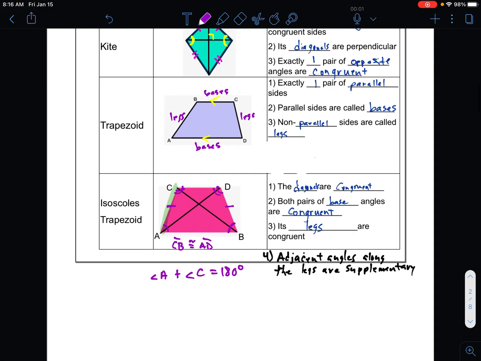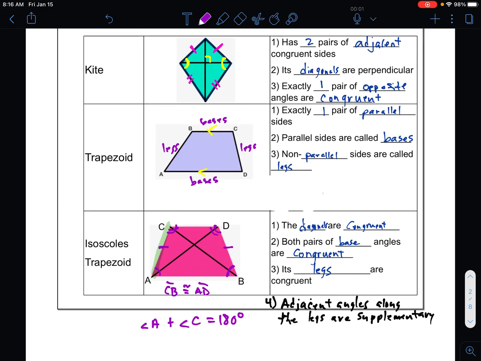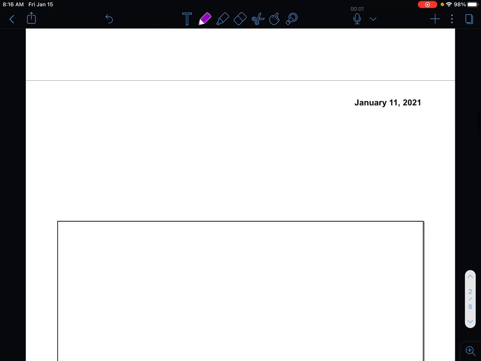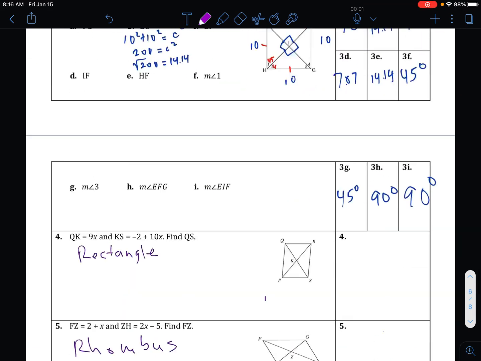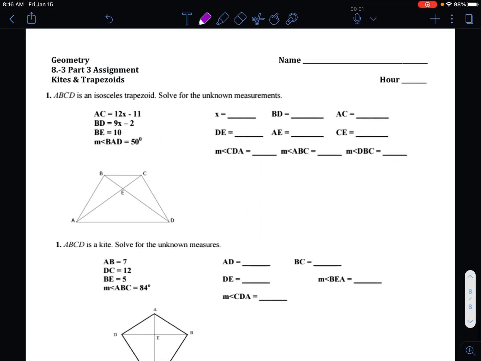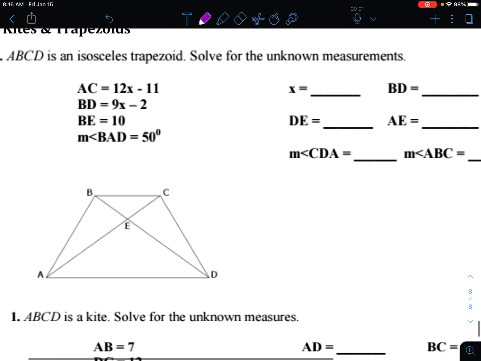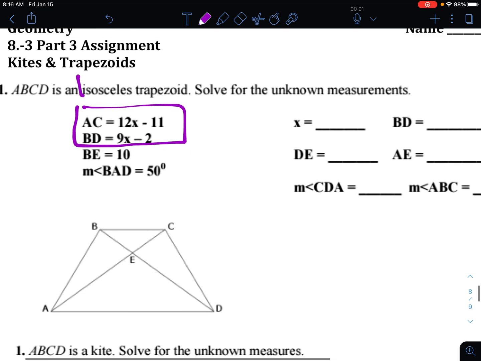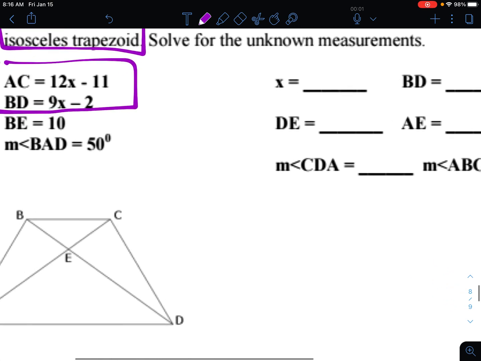We get to apply them now. I just uploaded the worksheet straight into notes. We've got AC, a diagonal, and BD, a diagonal, and it tells us it's an isosceles trapezoid. The diagonals in an isosceles trapezoid are congruent, so I'm going to set those two equal to each other.